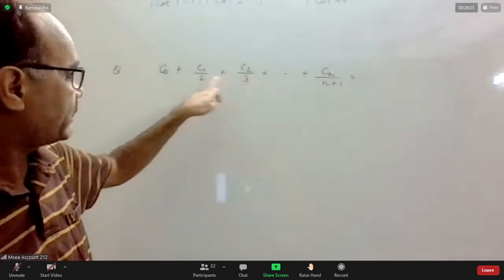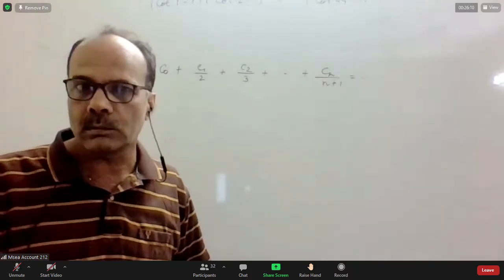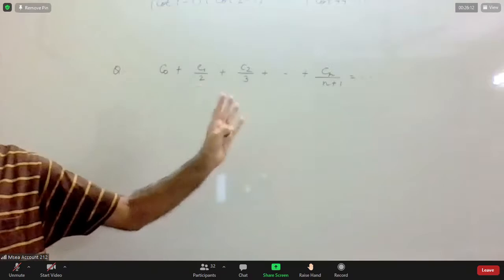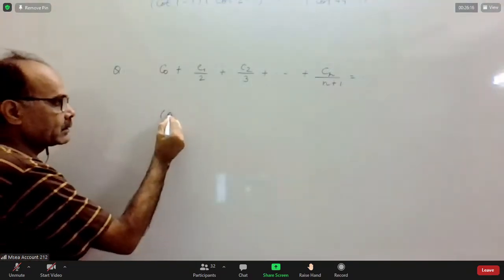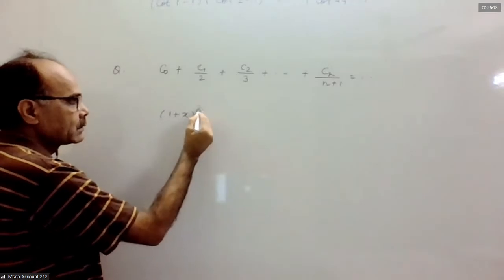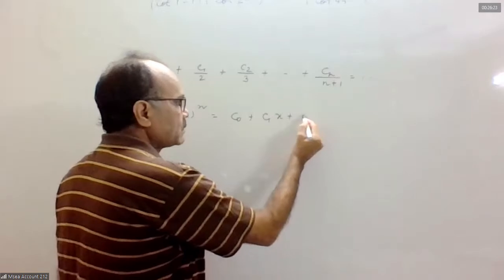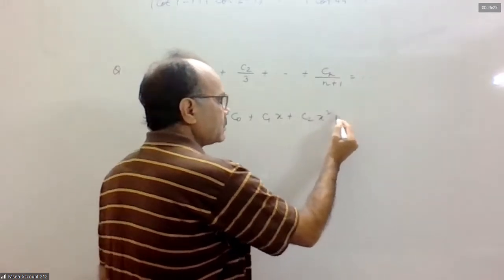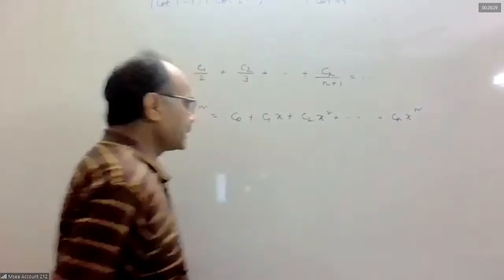And when they are divided by some constant, we have to integrate the same series, same expansion. So consider 1 plus x to the power n equals C0 plus C1x plus up to Cn x to the power n. Integrating from 0 to 1.